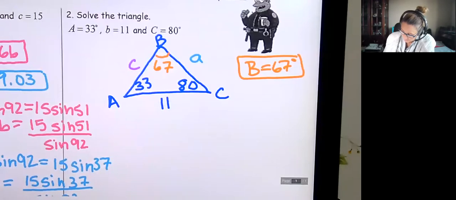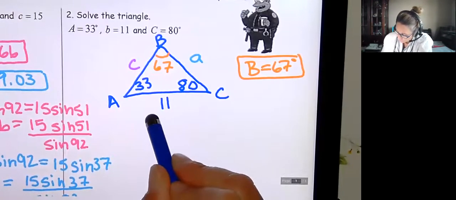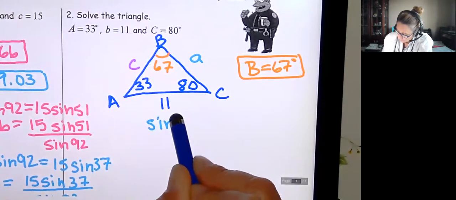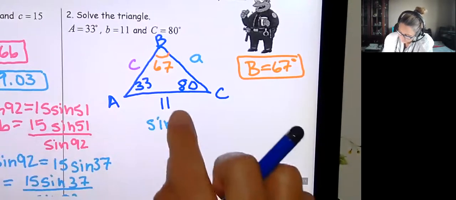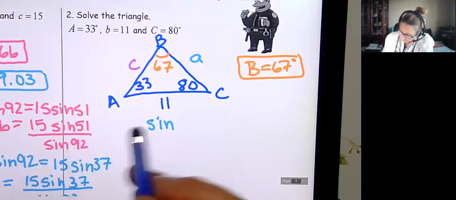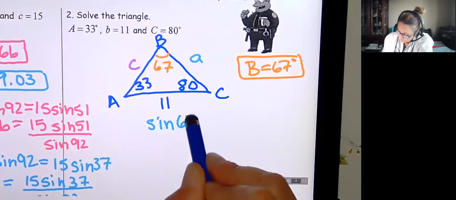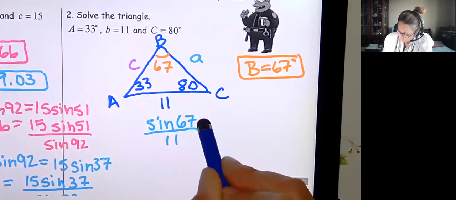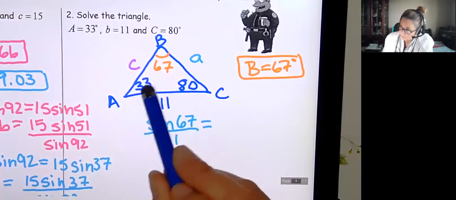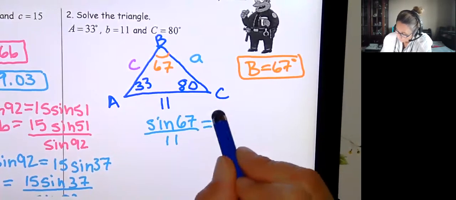So let's find a first. Okay, so again, I'm going to use what I know. I know sine of 67 over 11 is equal to, and again, if I'm trying to find a, sine of 33 over little a.